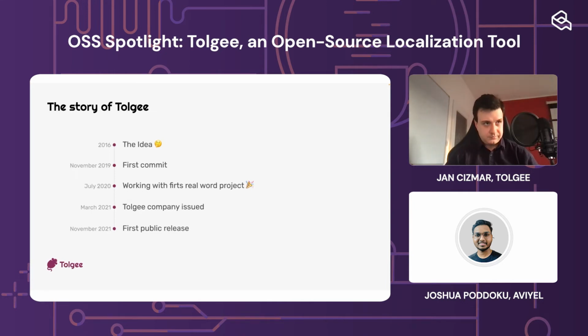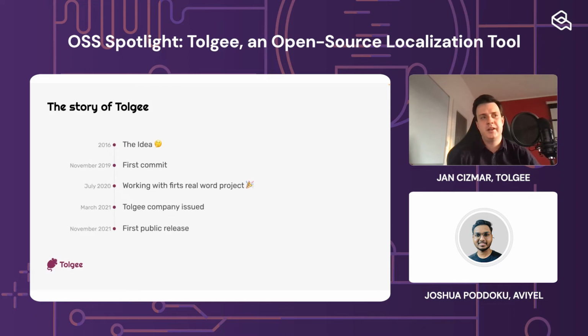And then in July 2020, when the thesis was done, it was working with the first real project, so it actually worked, and they were happy about that. So in March 2021, last year, we decided to also establish a company creating just this tool.